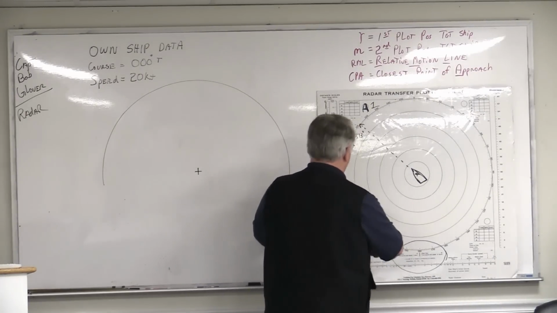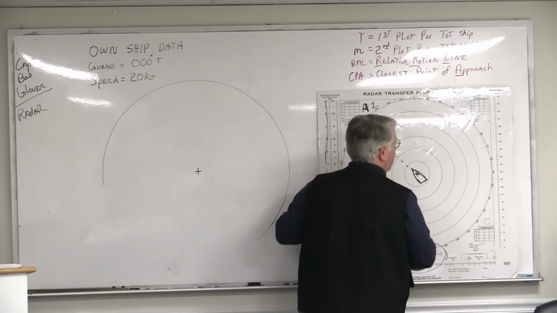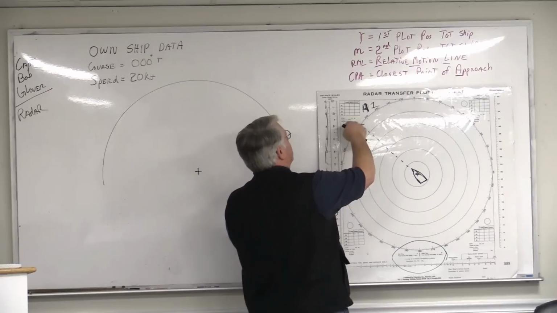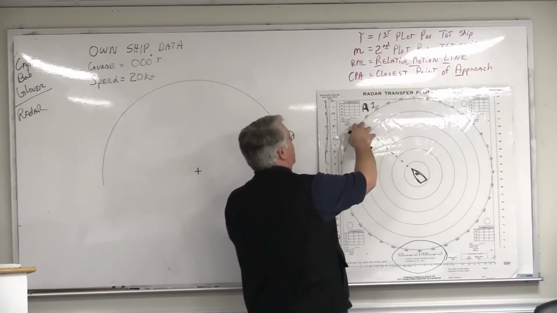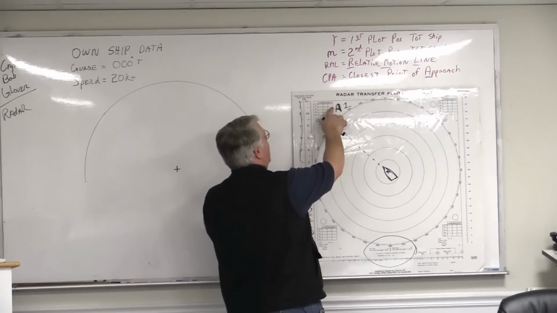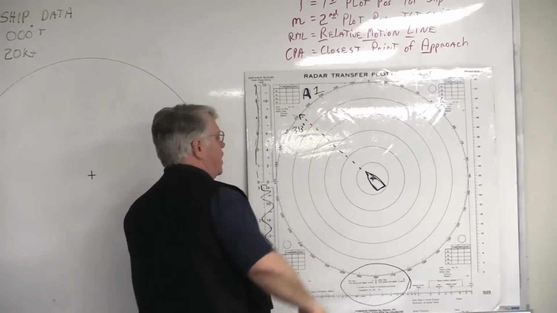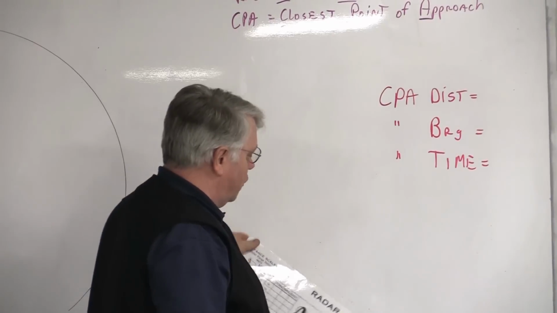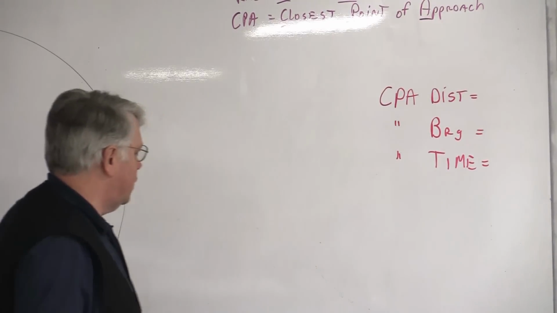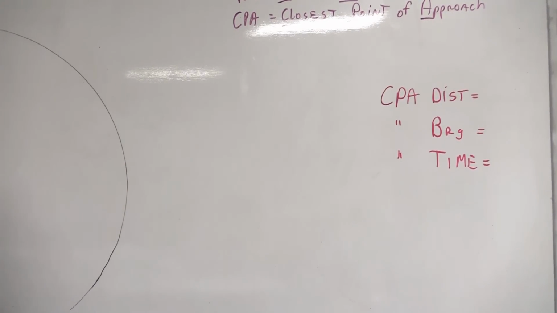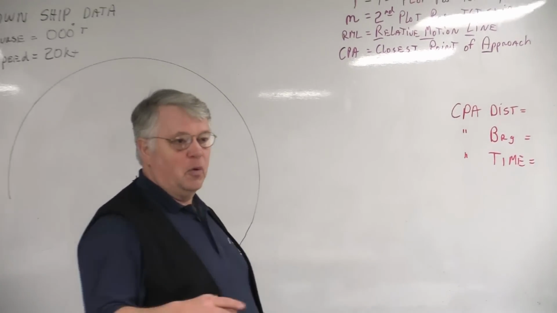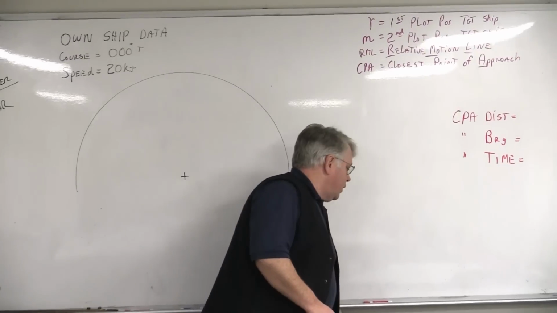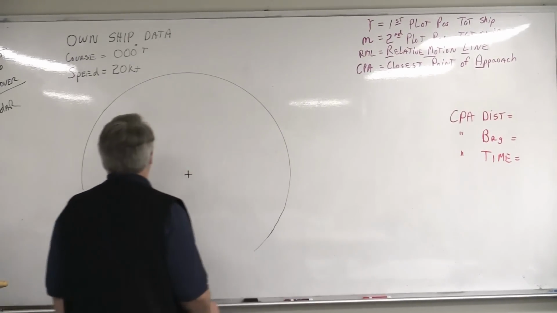We also have 4 corners, boxes of information on the plotting sheet where we can keep track of our CPA distance, bearing, and time, and we can write down the plotting information as we take plots, okay? So that is there for our use, and we'll be using these full-scale radar transfer plotting sheets because that's what you'd be using in the real world. So we gave those to you. So we went over that this morning, and that's set there.